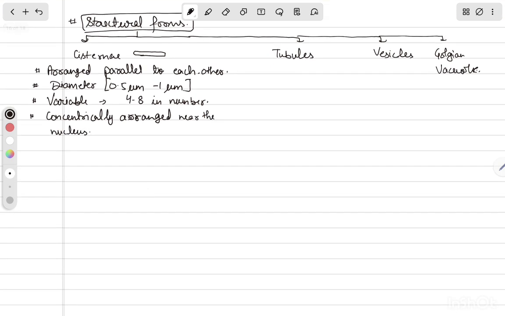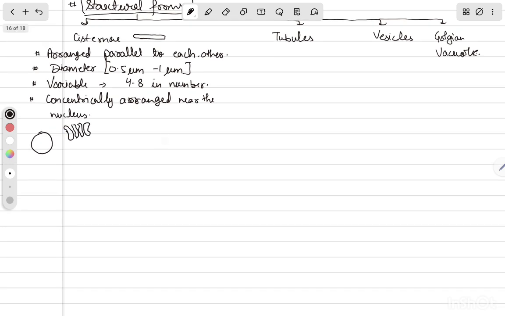Now, most important thing, suppose that is the structure of nucleus and two phases are arranged of Golgi bodies, right? So there are two phases. One is the cis phase or forming phase or convex phase, okay?